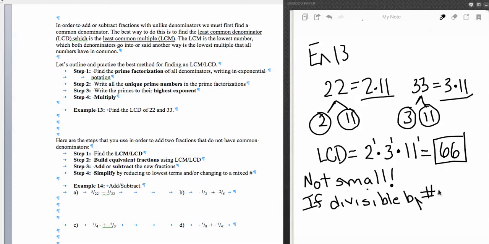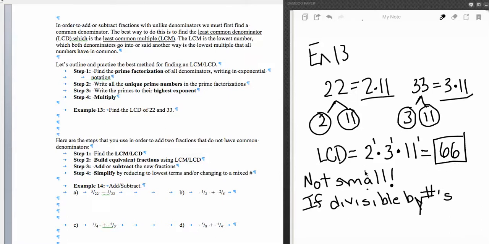And if it is, then you know that it's potentially the correct least common denominator. So can we divide 66 by 22? Yes. Can we divide 66 by 33? Yes. So it's not small. It's not smaller than either of my numbers, and it is divisible by those numbers. So it's a pretty good chance I calculated this thing correctly.